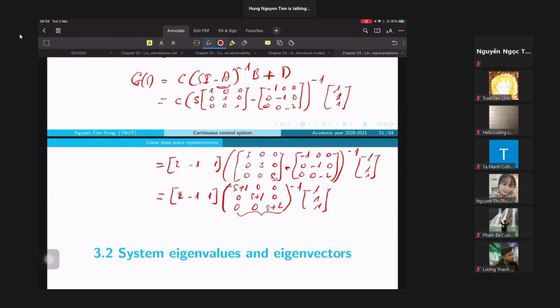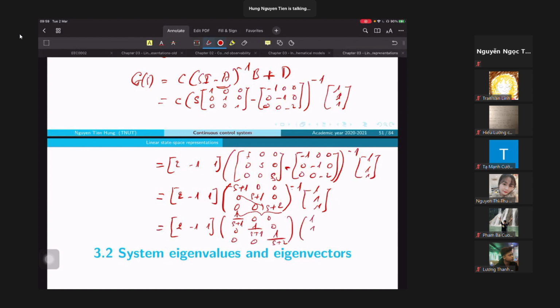So we take the inverse. The inverse of a diagonal matrix is the inverse of its elements on the main diagonal. In this form we easily find minus 1, 1, and here we have 1 over s plus 1, 0, 0, 0, 1 over s plus 1, 0, 0, 0, 1 over s plus 2.